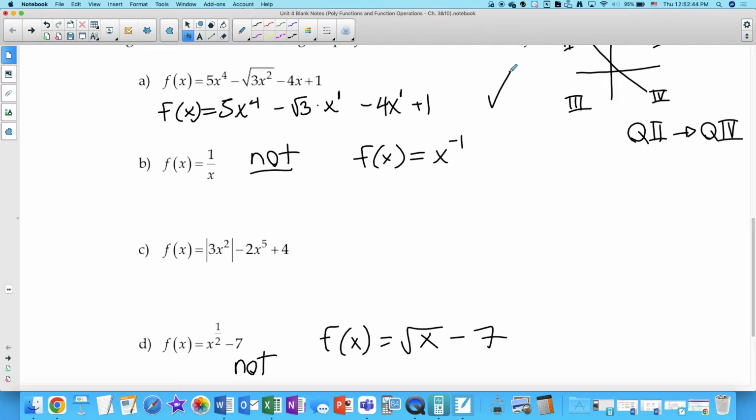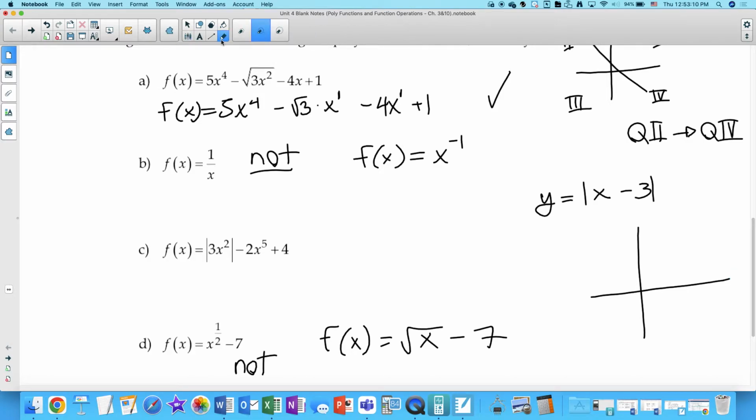Could the x in that case not be a negative number because it's squared? Does that have something to do with it? Think about absolute value. Essentially, to graph this, you could look at the absolute value of x minus 3.